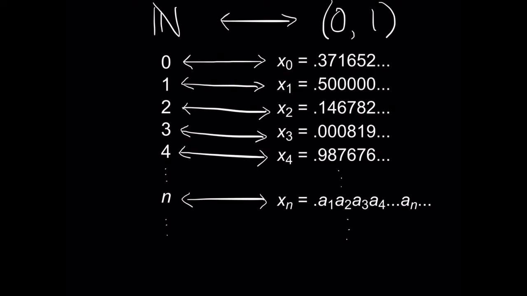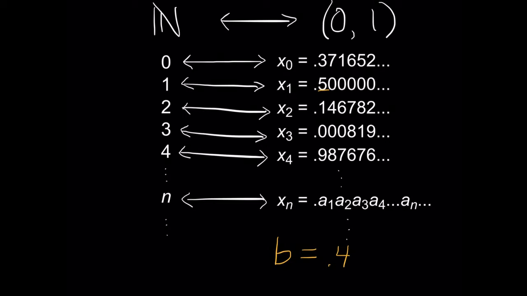With this purported one-to-one correspondence in hand, let's now consider the real number b with the decimal expansion b1, b2, b3, b4, and so on. What we're going to do is choose b1 to be a digit that's different than the first decimal place of x1, and let's also make sure it's not 0 or 9.